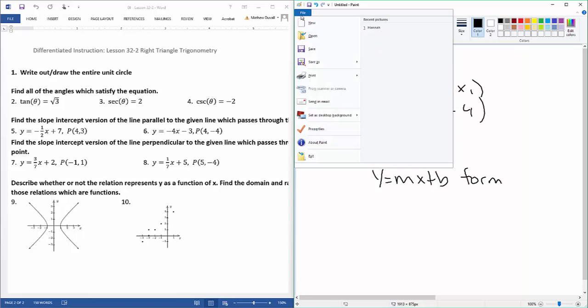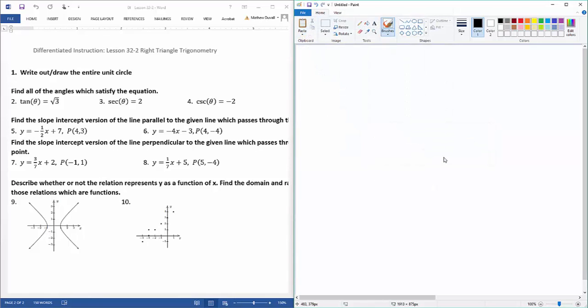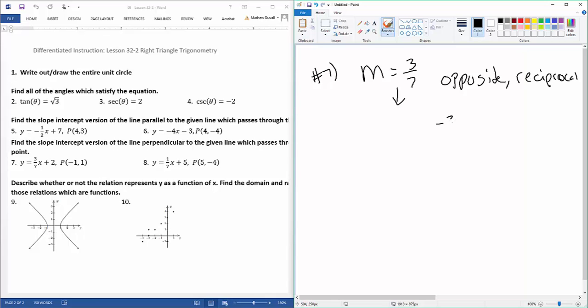Next one, number 7. For number 7, it says perpendicular. So if my slope is 3/7, then the perpendicular slope, remember it's opposite, reciprocal. So the opposite would be negative 3/7, reciprocal then would be negative 7/3.